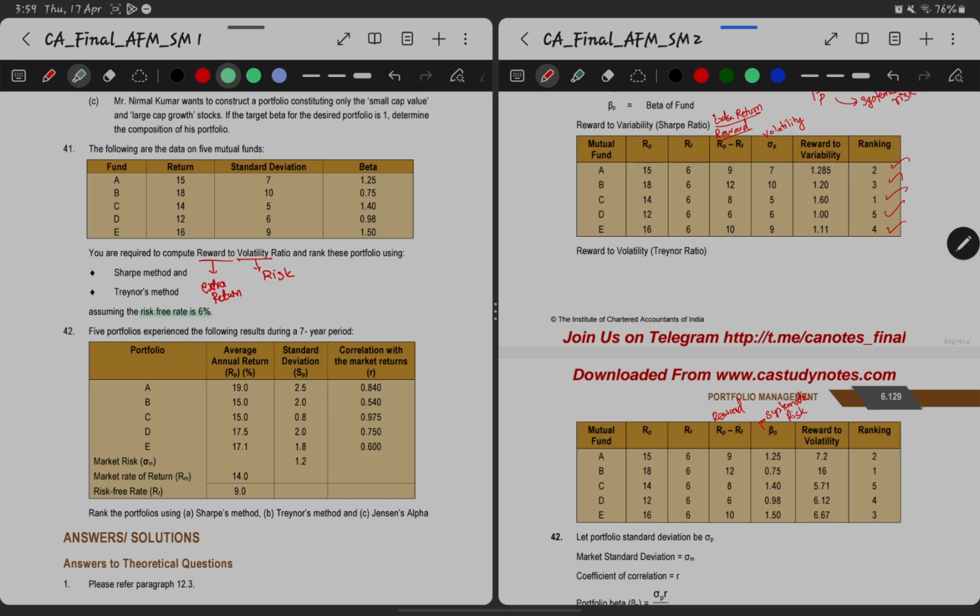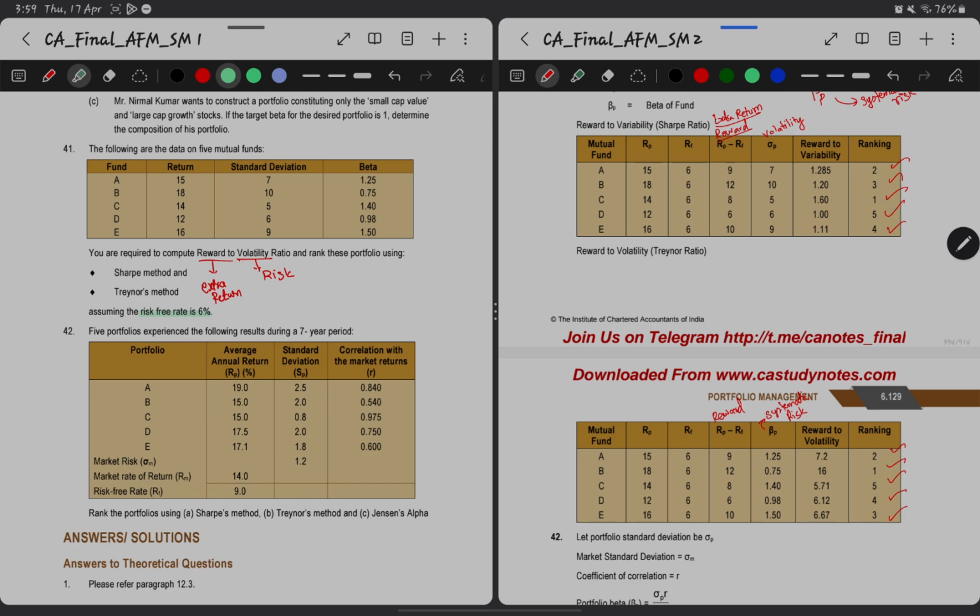So here the ranking changes. Mutual fund B is the first rank, having 16% as the extra return, the second one is A with 7.2, third one is E with 6.67, fourth one is D with 6.12, and C will be the fifth one, with 5.71%.